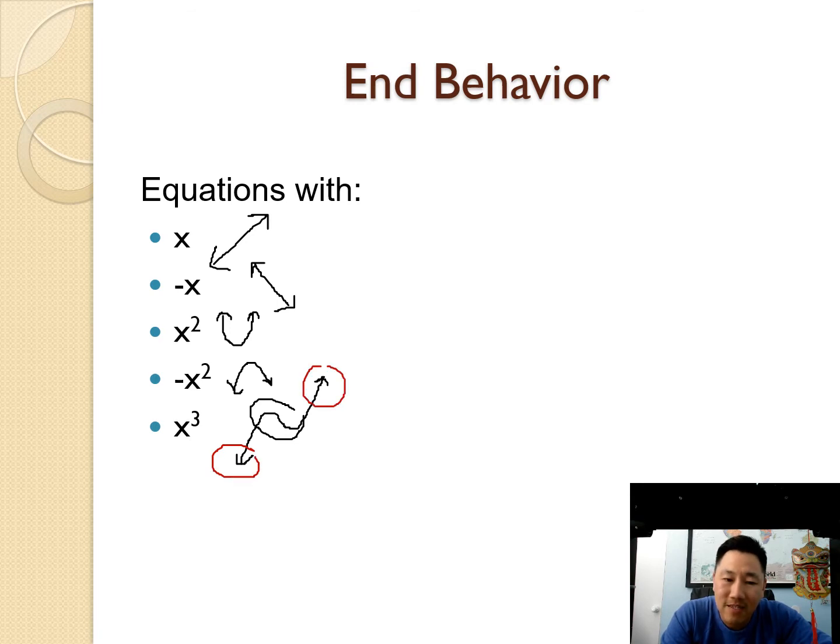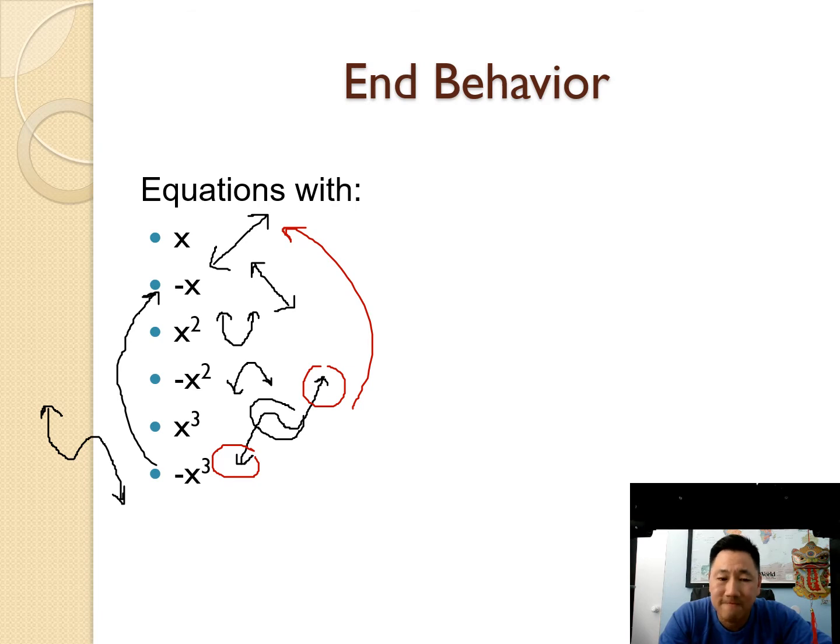Notice the ends of this match the ends of this. The left side goes down and the right side goes up. So that's what we're going to focus on. Negative looks like this. And then notice the negative matches with this negative. The left side goes up and the right side goes down.